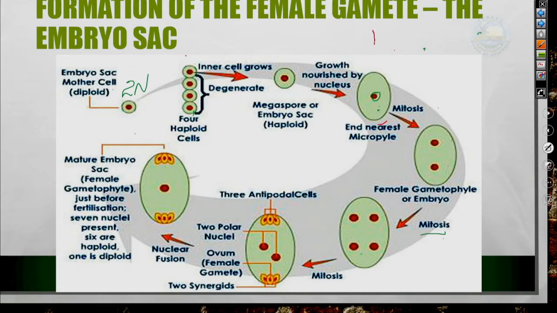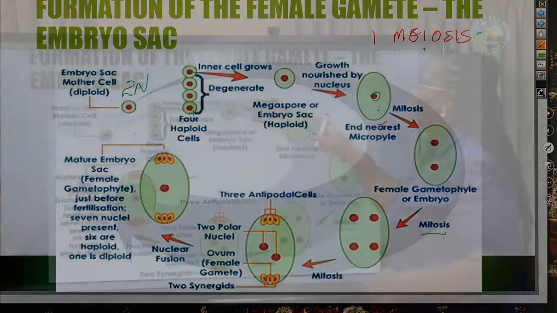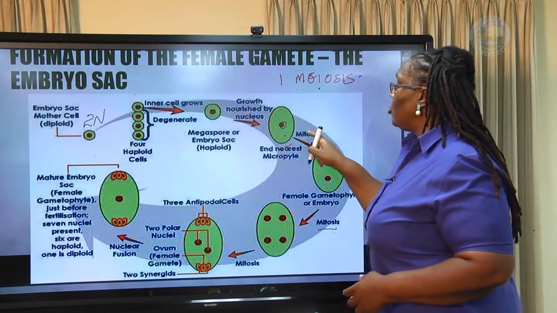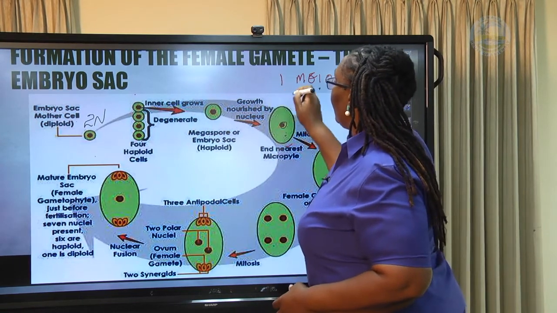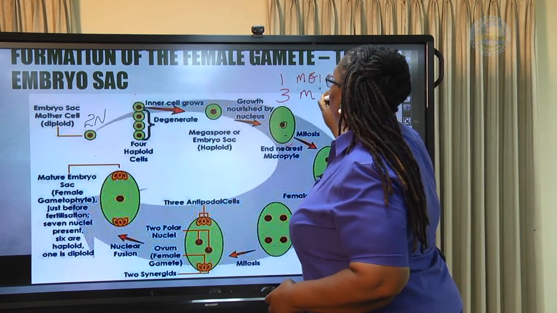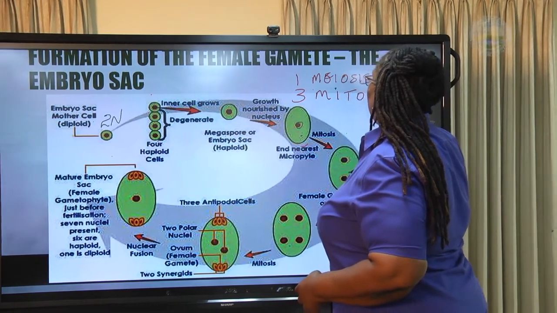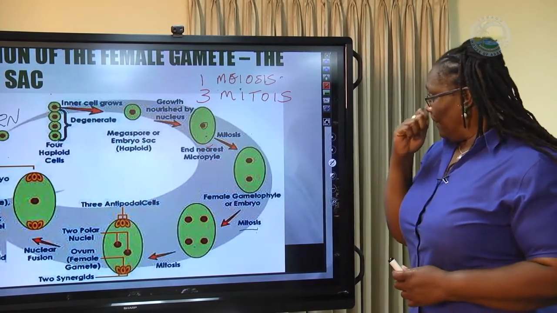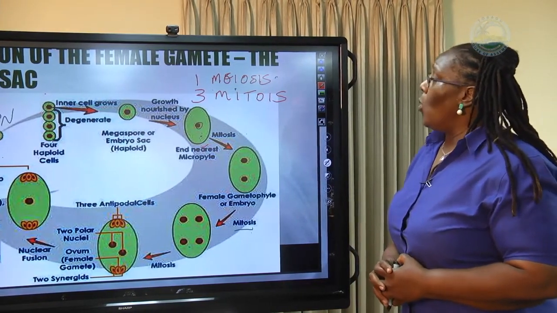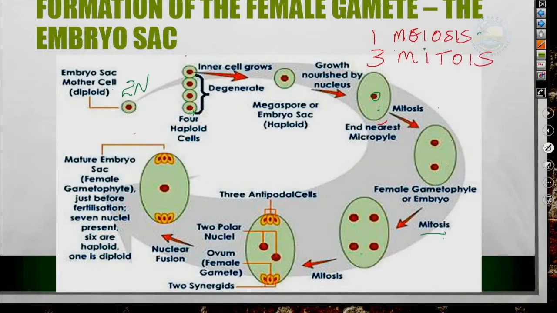Only 1 of the resulting cells will continue on, and this carried out 1 mitosis, 2 mitosis, 3 mitosis. Good. So in all, how many divisions did we have? 4 divisions: 1 meiosis and 3 mitosis.